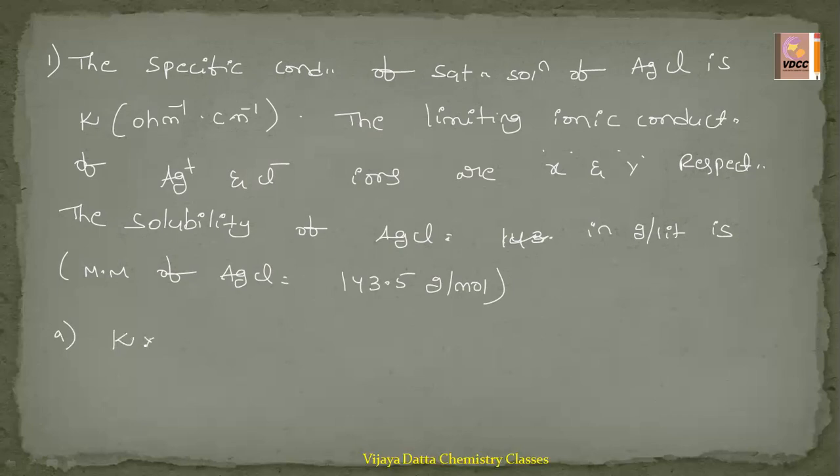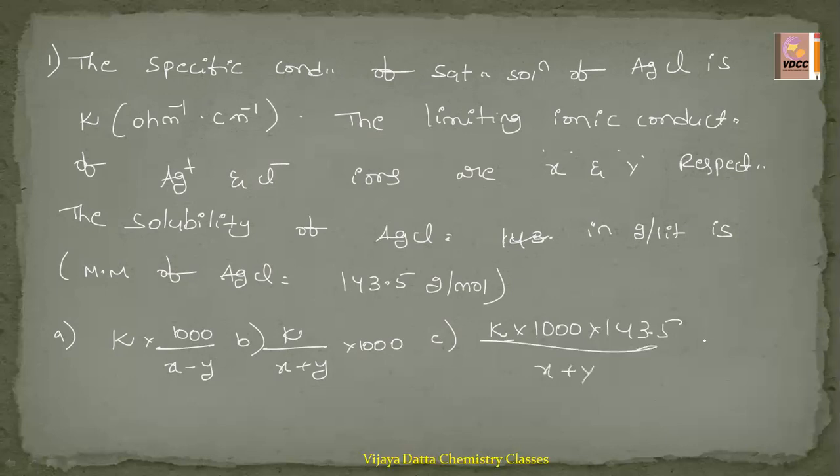First option, kappa into 1000 by x minus y, and second option, kappa by x plus y into 1000. Third option, kappa into 1000 into 143.5 by x plus y, and the last option, x plus y into 1000 by kappa into 143.5. So how to do this problem, let us see.